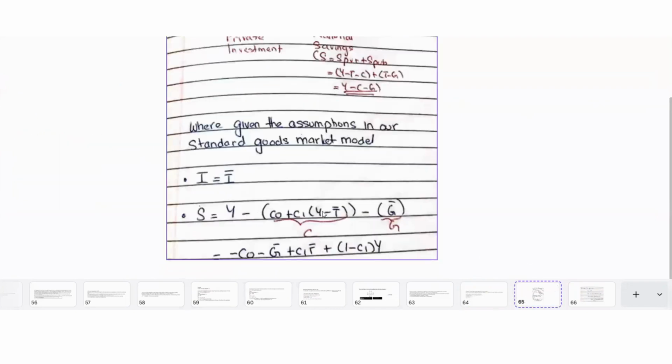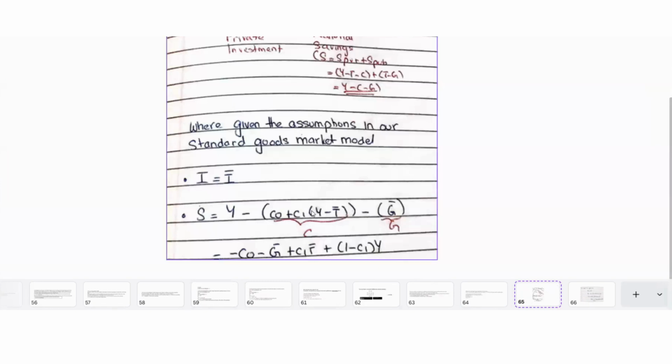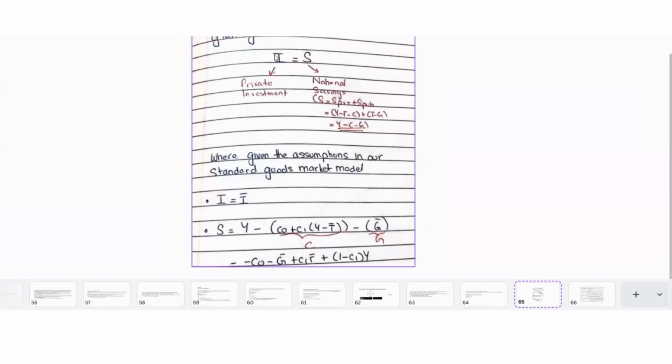So given the assumptions of the standard goods market model, C is simply C0 plus C1 YD, where YD is Y minus T bar, and G is G bar. Again, we're just using these assumptions over here. So given the assumptions in a standard goods market model, we can write I is equal to I bar, and we can simplify S like this.